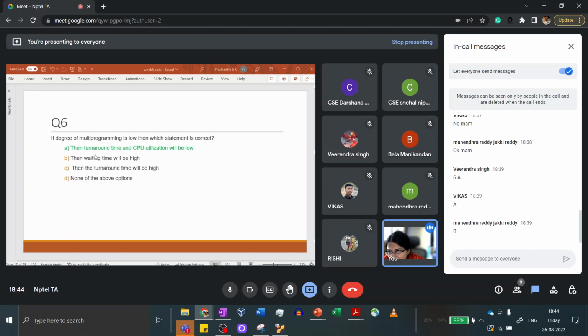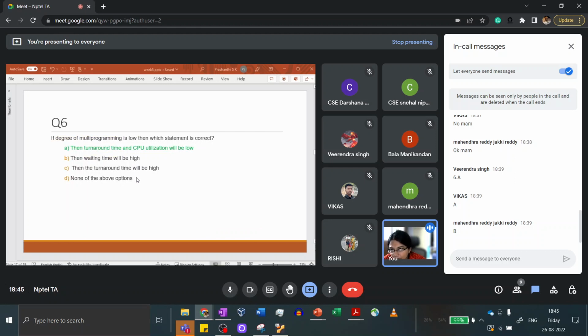And waiting time will be high, probably not, because you have very few jobs, so you won't have to wait much. This is as intuitive as imagining a queue, right? If you have very few people in the queue, and let's say they're trying to use your ATM machine, the utilization of the ATM machine, if you measure it over 1 hour, so say once in 15 minutes someone keeps coming and withdrawing some money, is going to be low, and the turnaround time, which is the time it takes for you to go and execute your transaction, will also be low.